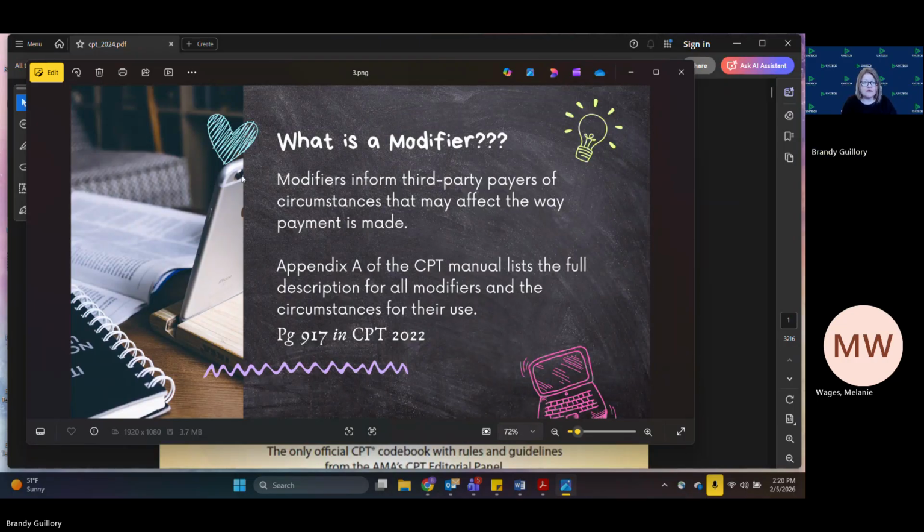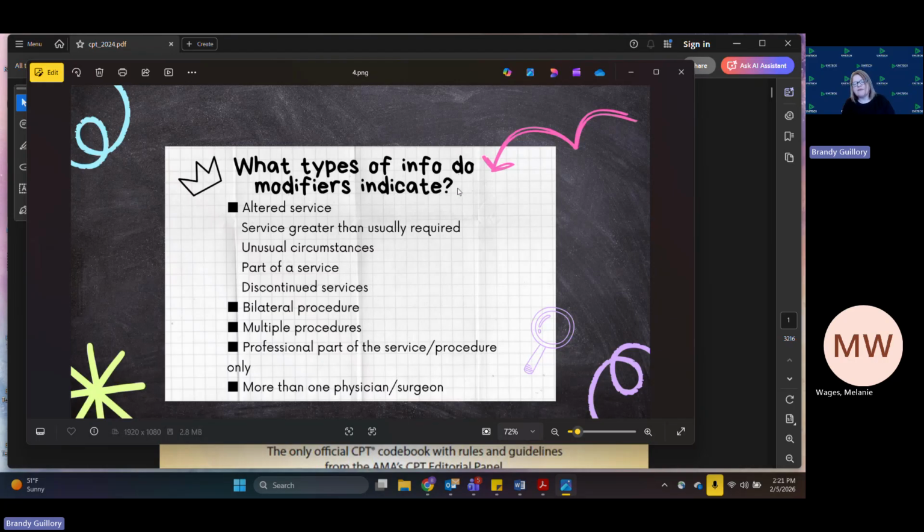Okay. All right. So now let's see. What types of information do modifiers indicate? They can indicate a lot of different things. They can indicate an altered service.